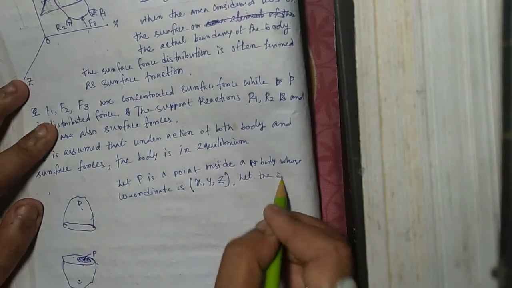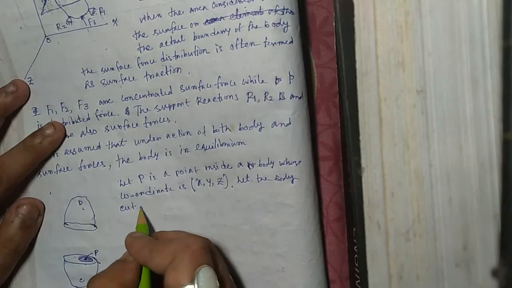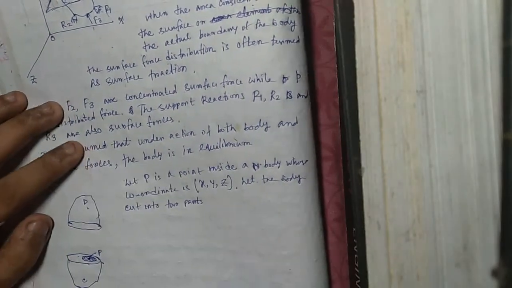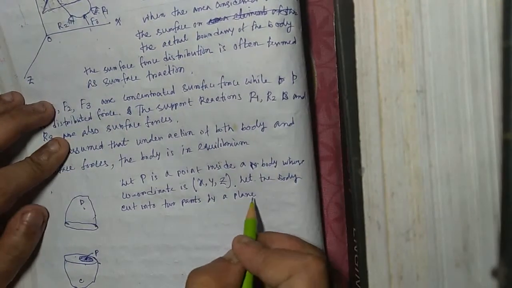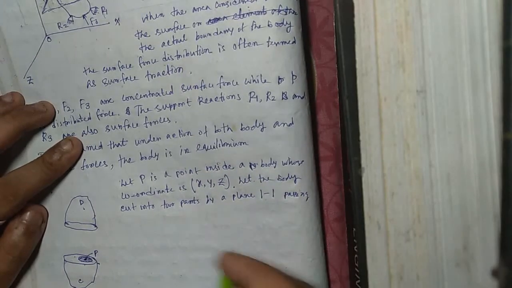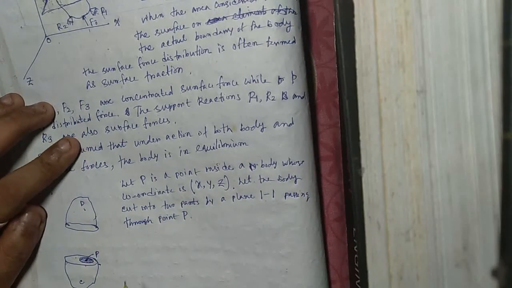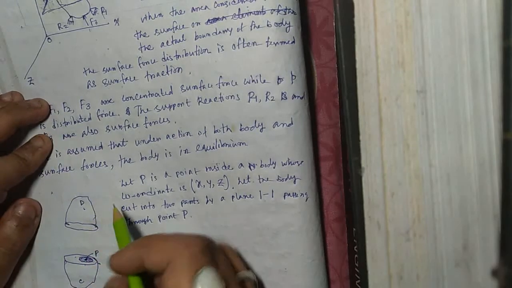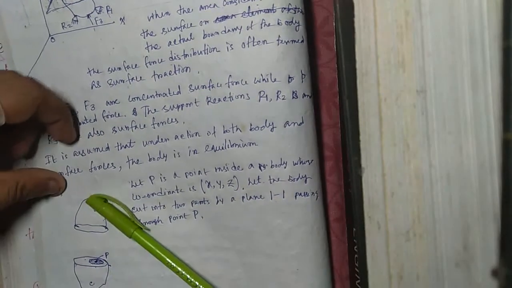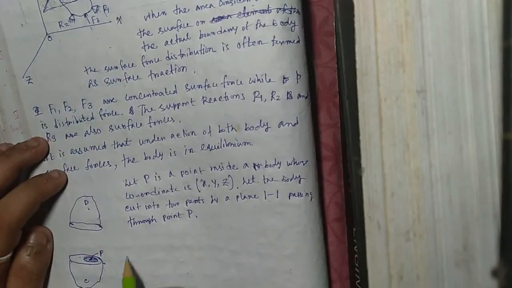Let the body be cut into two parts, as I have done before, by a plane 1 1 passing through the point P. So this body is cut by a plane 1 1 passing through the point P.